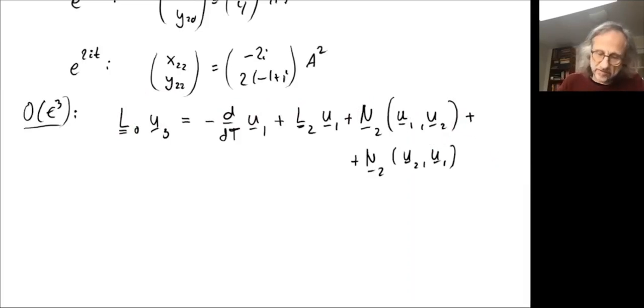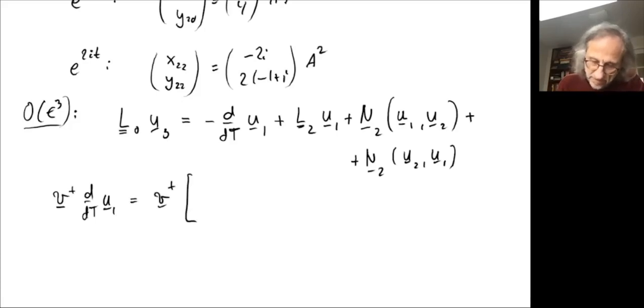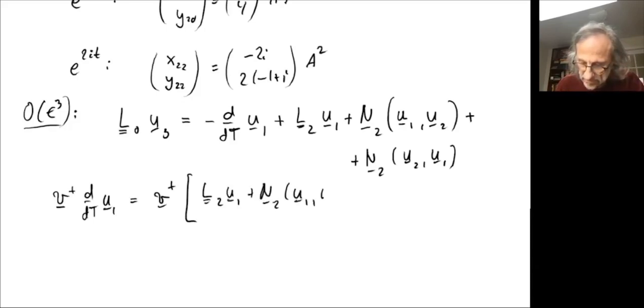So we get the equation, to this point: v plus times d by dt u1 equals v plus times L2 u1 plus n2 u1 u2 plus n2 u2 u1.